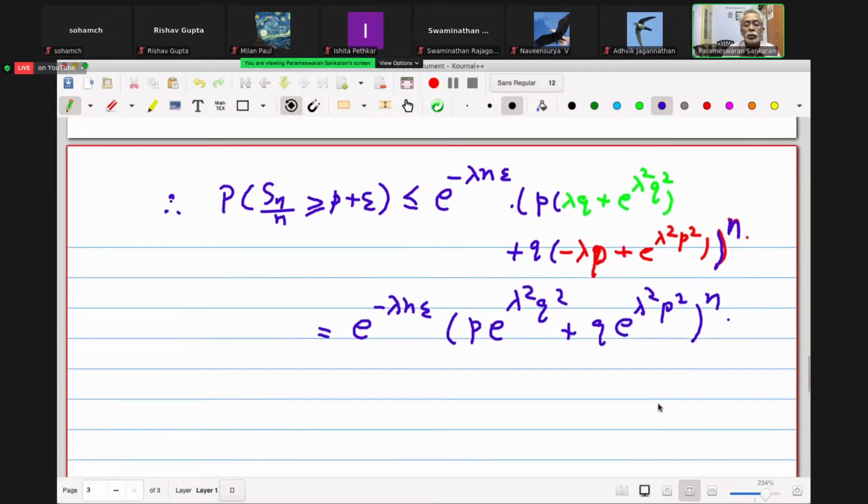And now because p plus q equal to 1, so this again some convex linear combination of these two weights and then raised to the nth power, and it turns out that this is less than or equal to, so e power minus lambda n epsilon times e power lambda square n.